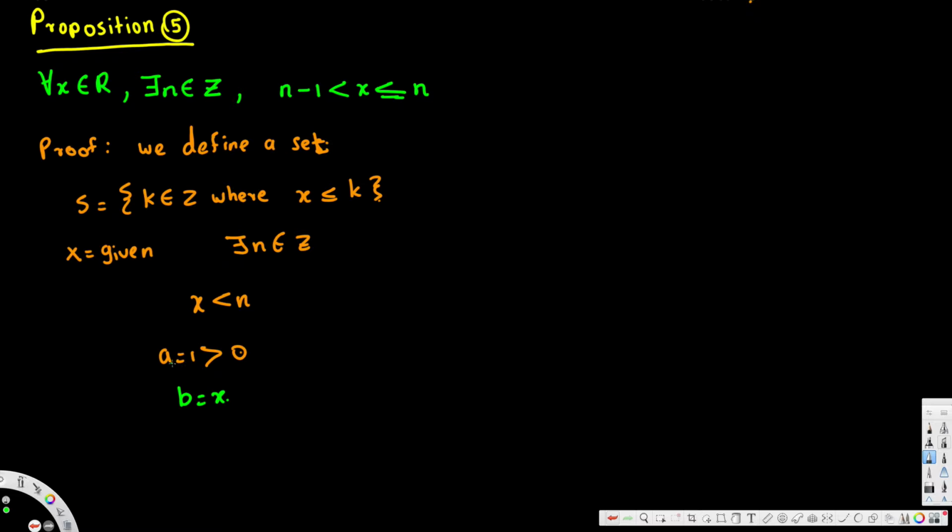Then we know that n times a is greater than b, because you can see x is less than n, and a is equal to 1, that's greater than 0, and b is equal to x, so n a is greater than b, and from this one we can say n is greater than x.